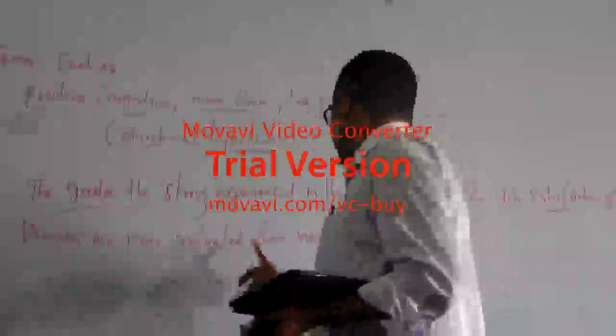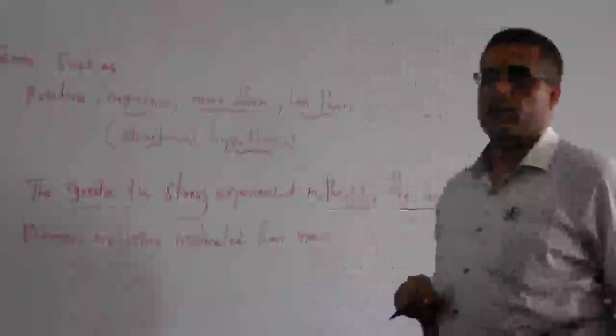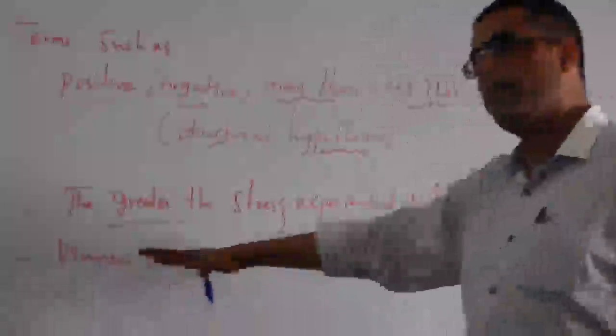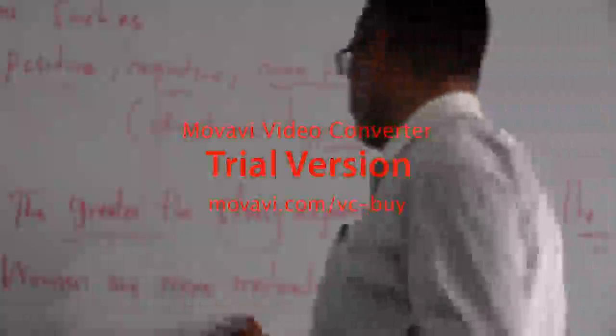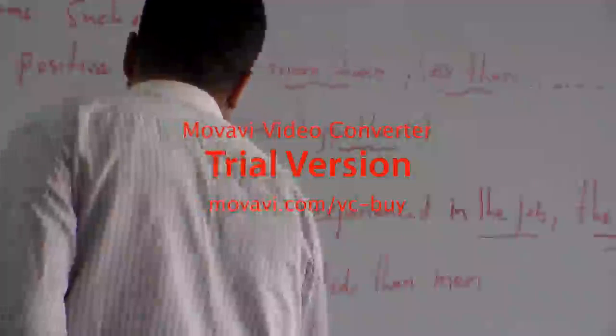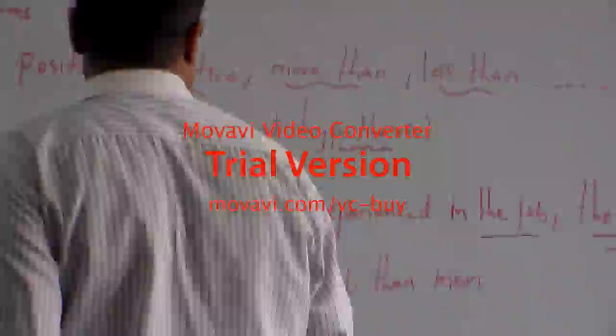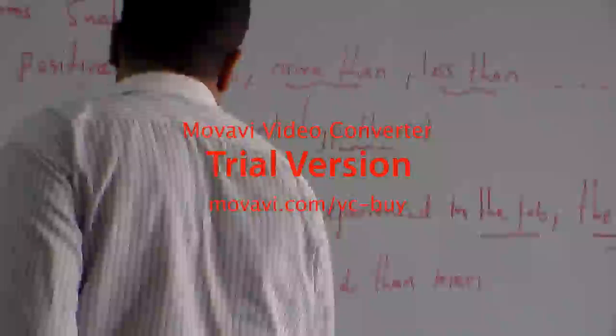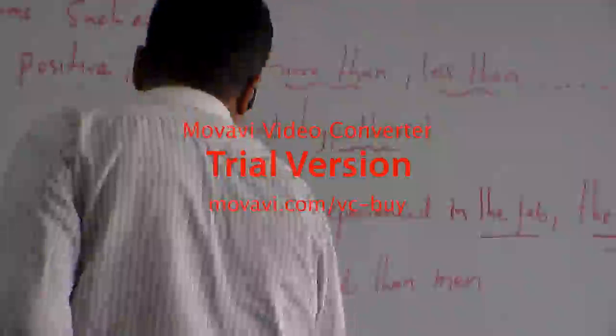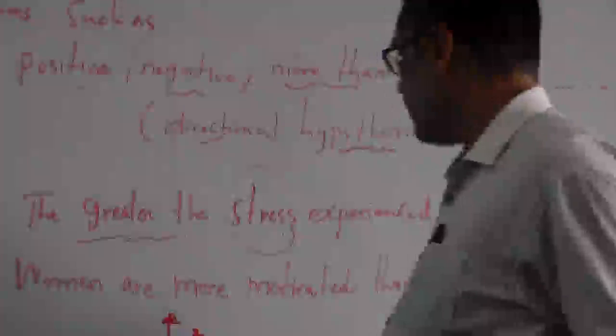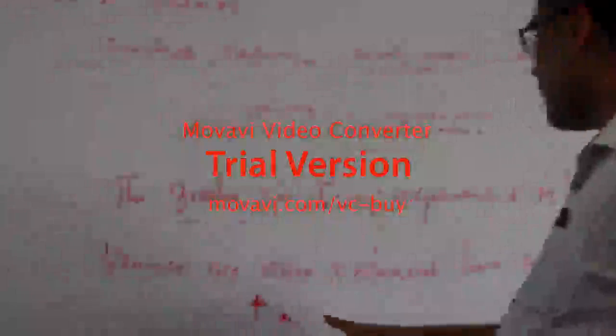Women are more motivated than men. There is also direction, because we know who is more motivated and who is less motivated. So women are more motivated. If we can draw the motivation, we can say this is women's motivation and this is, for example, men's motivation. See, there is a direction. This is more and this is less.